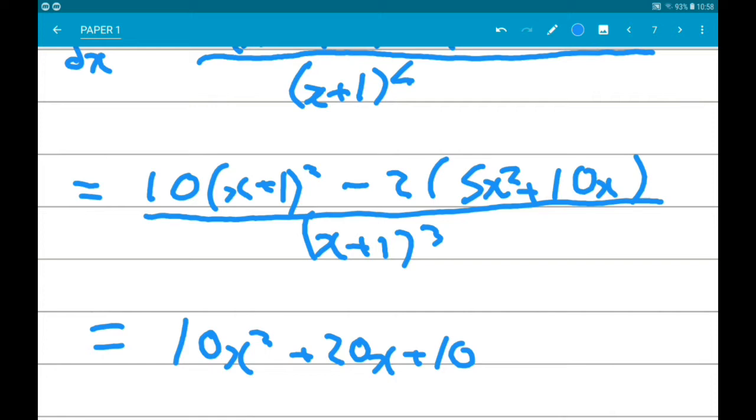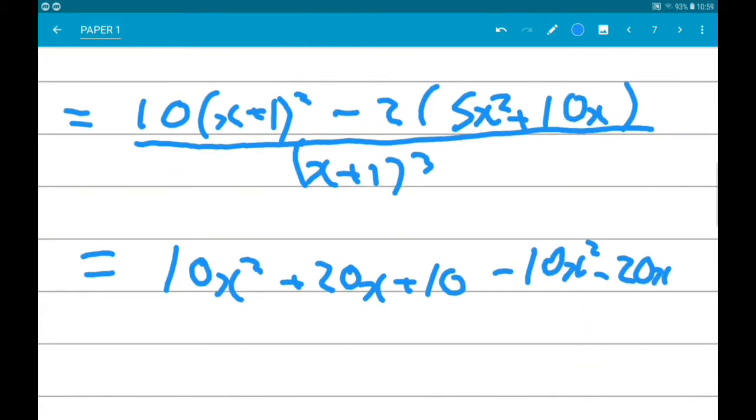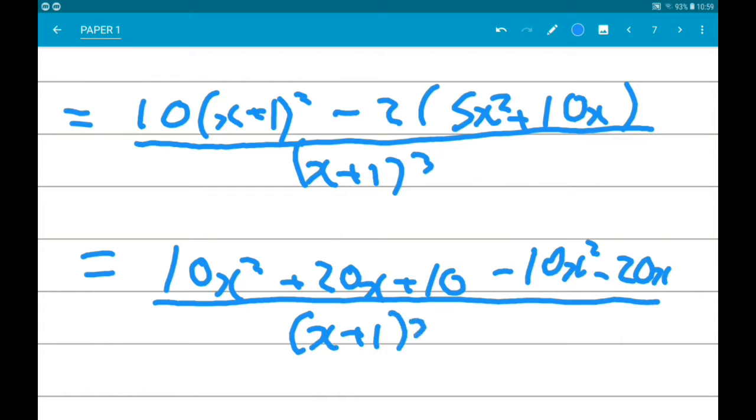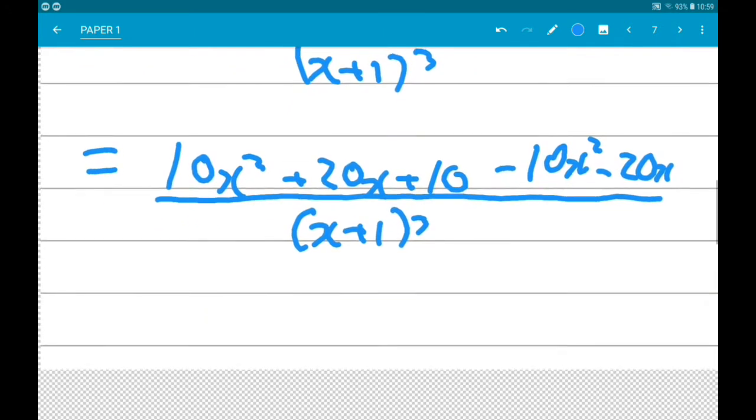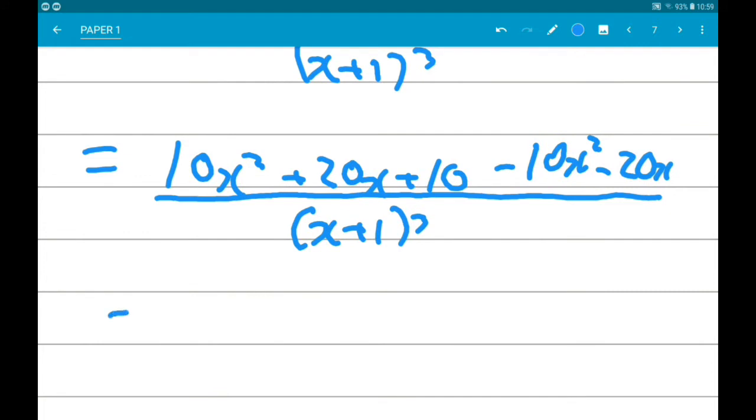And then we have minus 10x squared minus 20x, all over x add 1 cubed. So, up on top, the x squared and x terms cancel. So finally, we have 10 over x add 1 cubed.